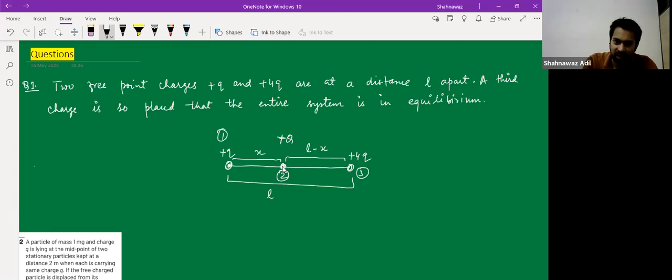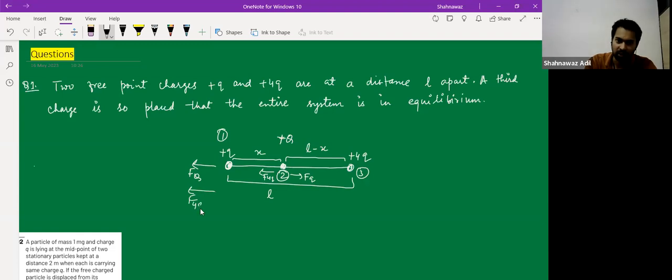So this will push this in this direction, so this is F4Q, and this will push this in this direction, so this is F2, right? So these are in opposite directions, so this will be in equilibrium. But what will happen to this charge? At one position, the force will be acting in this direction, due to FQ, and the force would be again repelling in this direction.